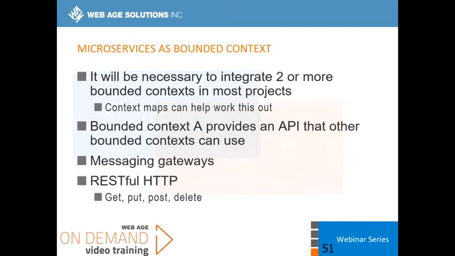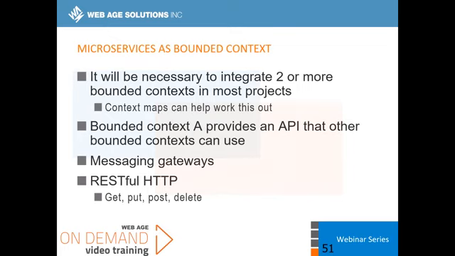So microservices as bounded context. A one-to-one mapping can exist between a bounded context and a microservice. And so as we employ the notion of context maps and figure out what sort of relationship exists between the various context maps, then we can figure out what the APIs for our microservices might need to look like.